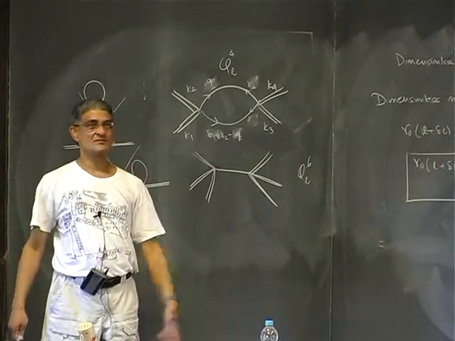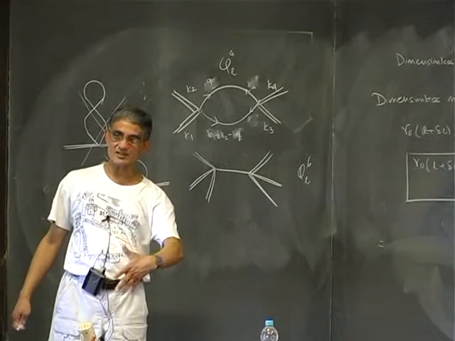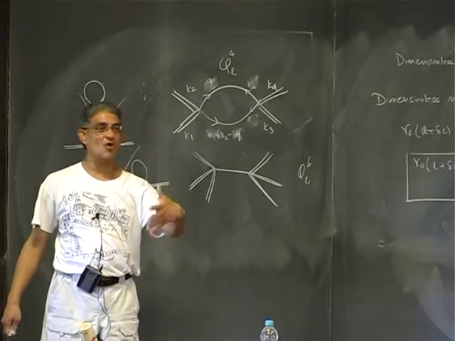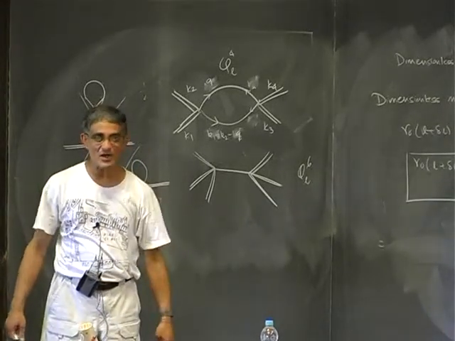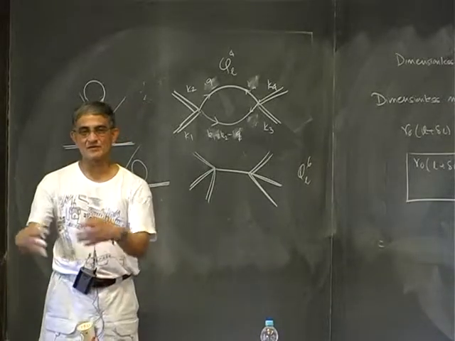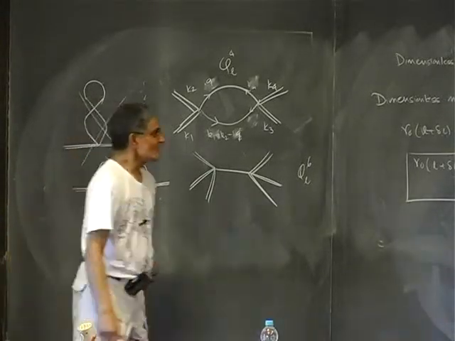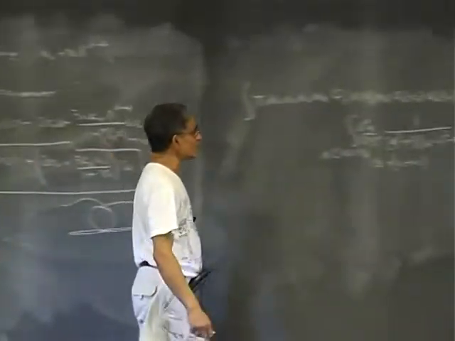So, in the action which you started out with, it was a constant times phi L to the power 4. Now we get a function of momentum times phi L to the power 4. There's nothing you can do about it.